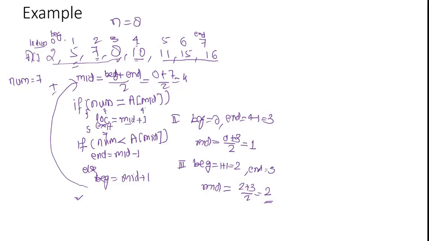So see here, we have to repeat this procedure. So the question is, how many times do we have to repeat the procedure? What will be the condition in the loop? So now check, we are doing the comparison when we see that beginning is less than end.